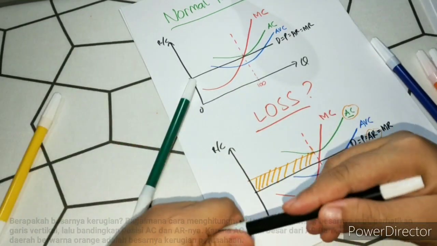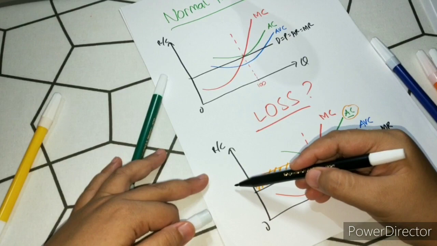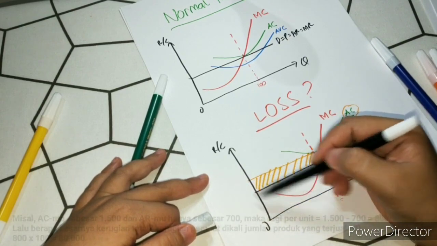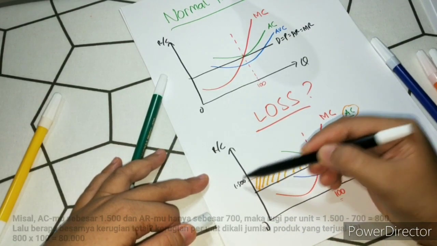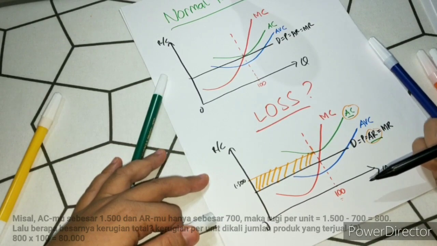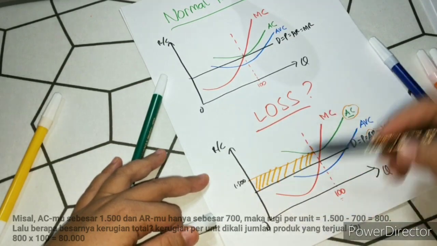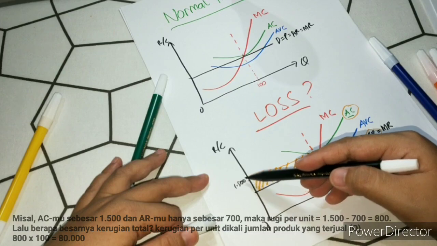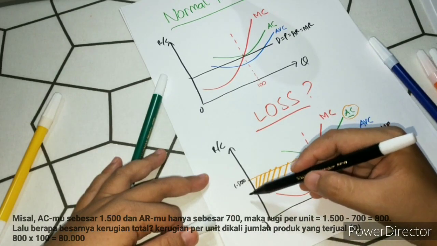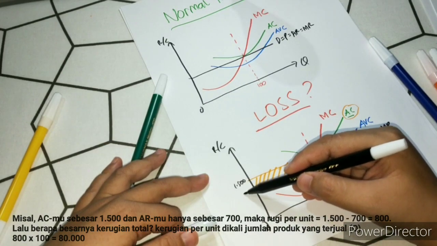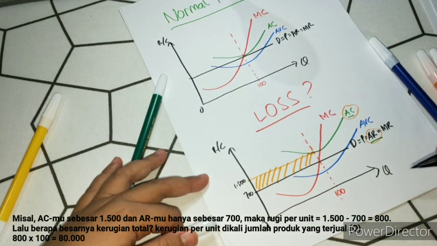So for example, like before, let's say your average cost is 1,500, but your average revenue is only, let's say, 700.